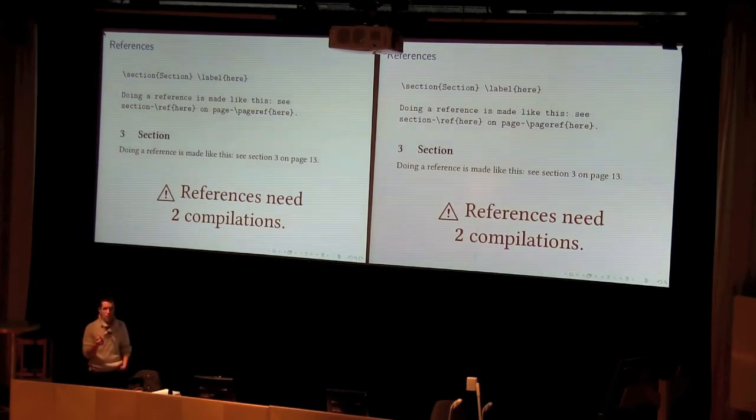The second time, because it writes a lot of auxiliary files, which you can see when you open the directory with your source files, LaTeX writes that it now knows where the label is. So on the second compilation, it can write the right number here or here.